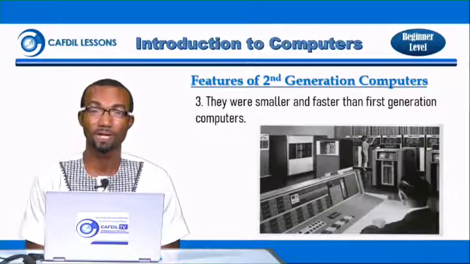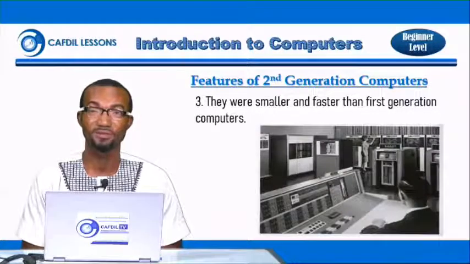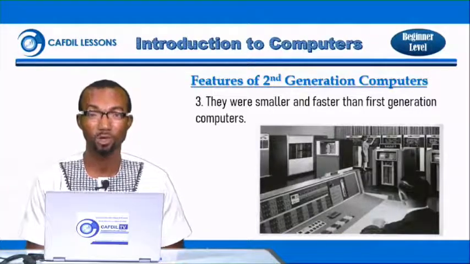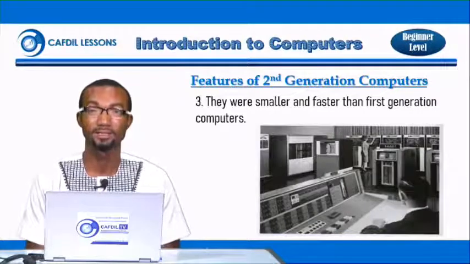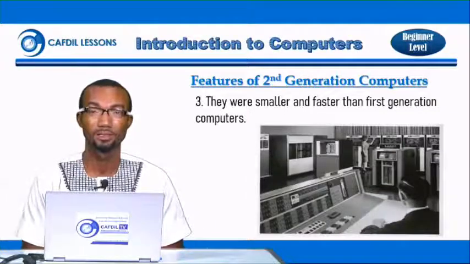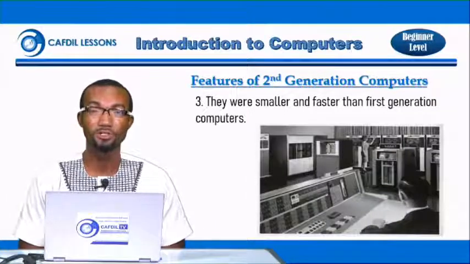They were smaller and faster than first generation computers, and that's the third feature. So you see it in the room. As they introduced new computers, the sizes were also reduced.